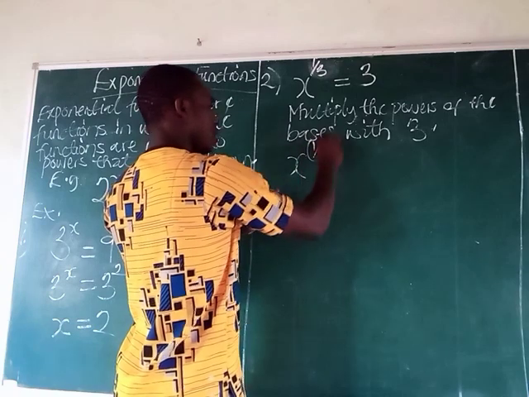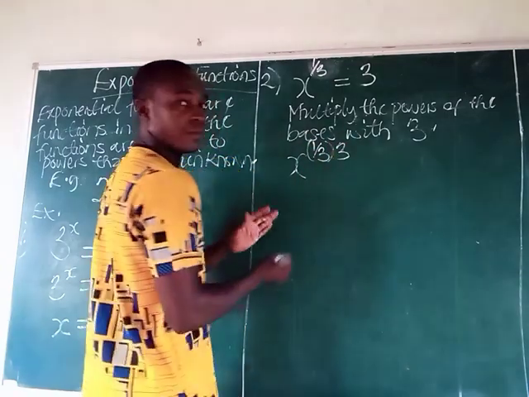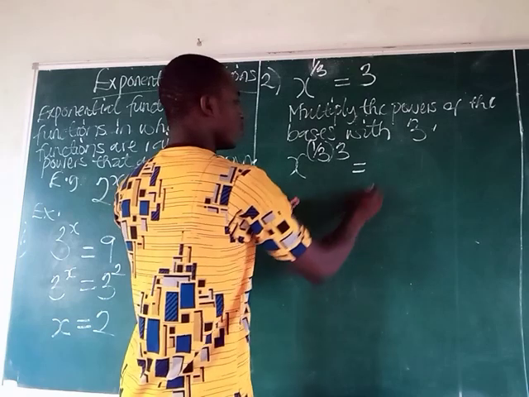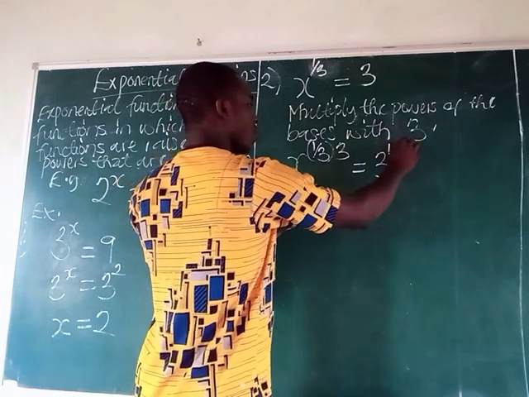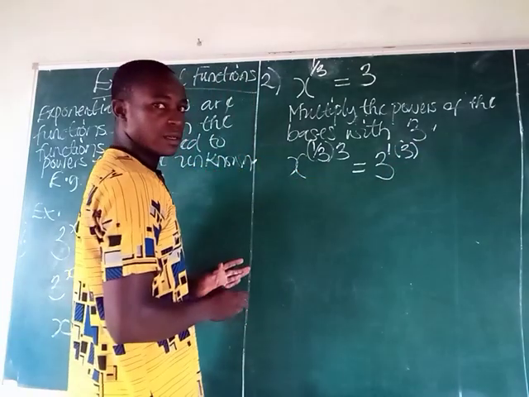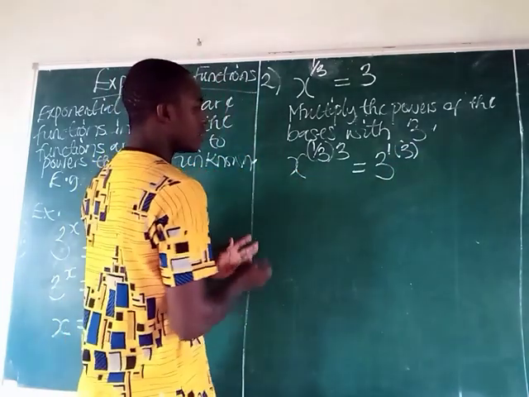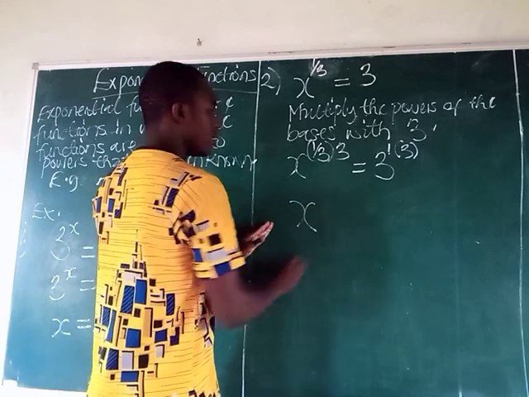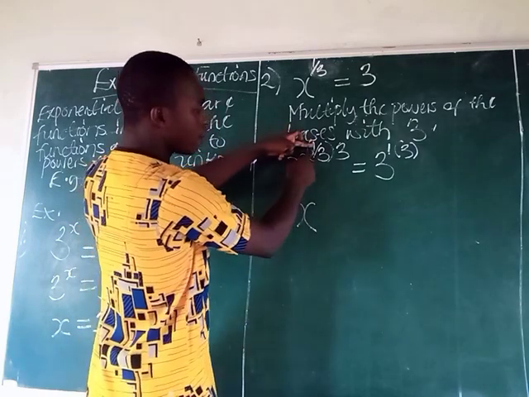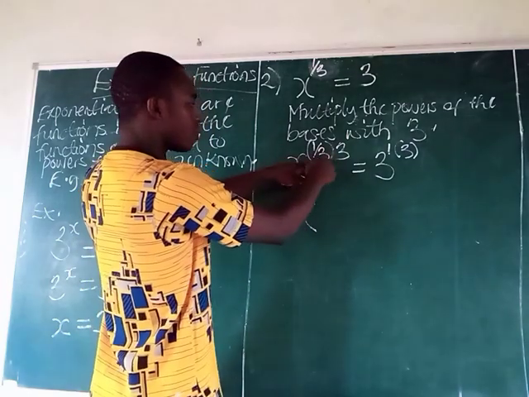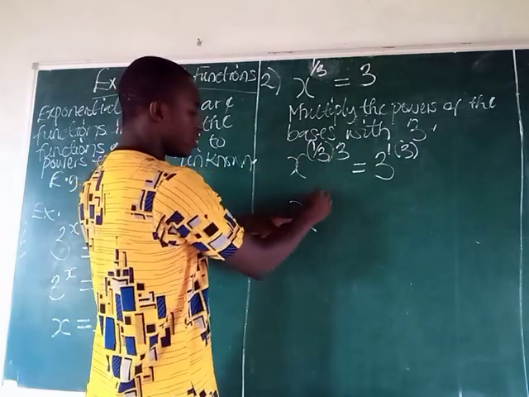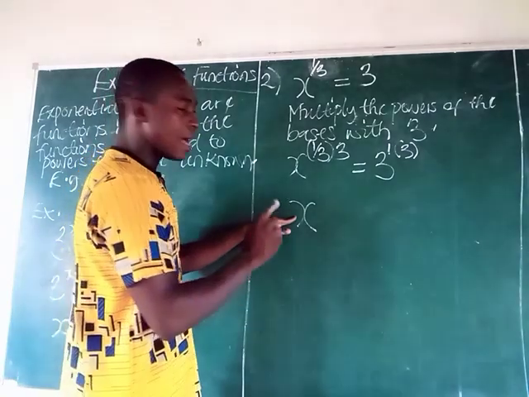First we say x raised to the power of 1 over 3 times 3 is equal to 3 raised to the power of 1 times 3. Now, 3 will cancel out this 3, and what we have here is 1, which is the same as x.